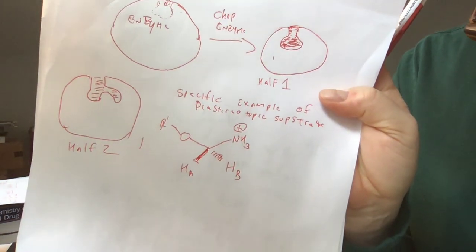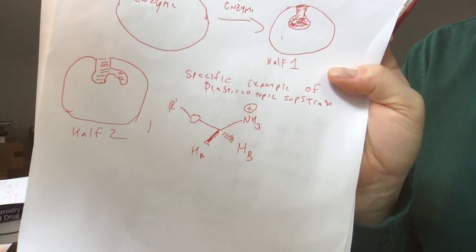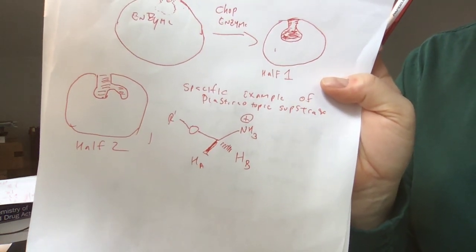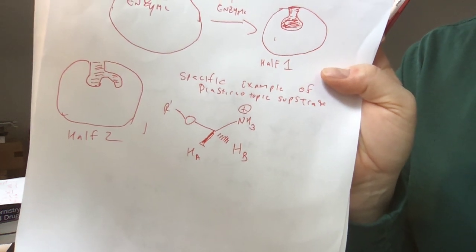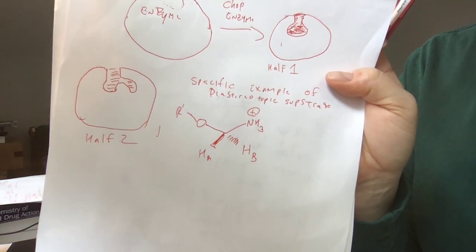So here's our substrate. It's got an O, and it's got an HA, and it's got HB. So now we're going to put that in the active site. So remember how the active site looks. We've got half one and half two.